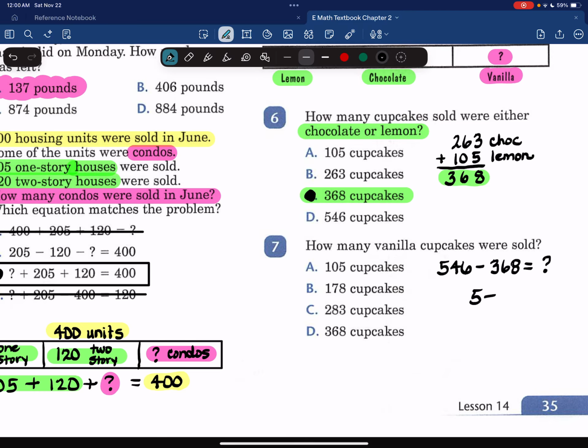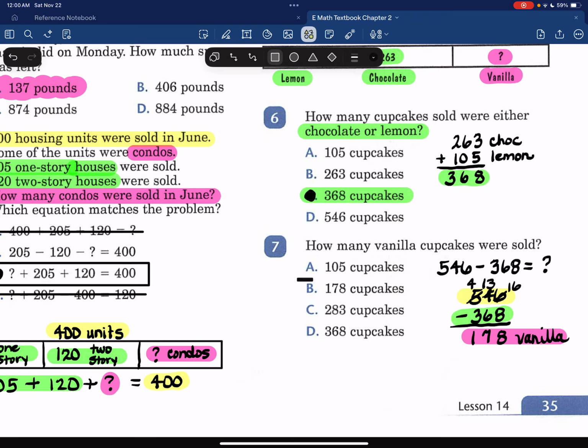So using the algorithm, 546 minus 368 is going to be, have to borrow twice, 178 of those cupcakes were vanilla, because those are the chocolate and lemon. This is our total, and this was our unknown. So I like the answer B, as in bakery.